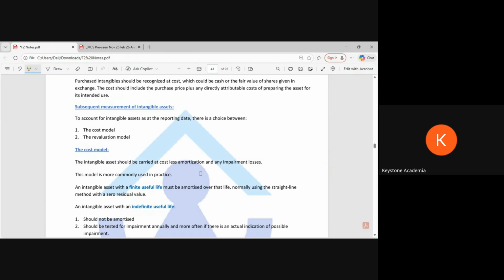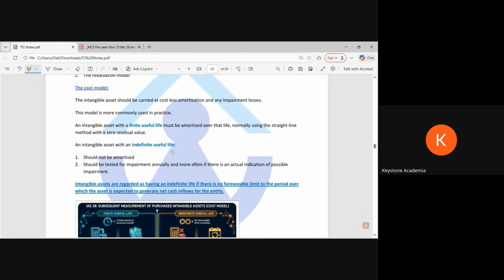You have to reduce that, and whatever is left, that is the cost that you can put into the financial statement. If there is a certain asset which has an indefinite useful life, then we don't need to amortize. It will be tested for impairment annually and more often if there's an actual indication of possible impairment.